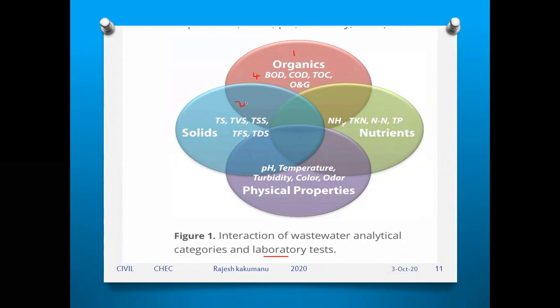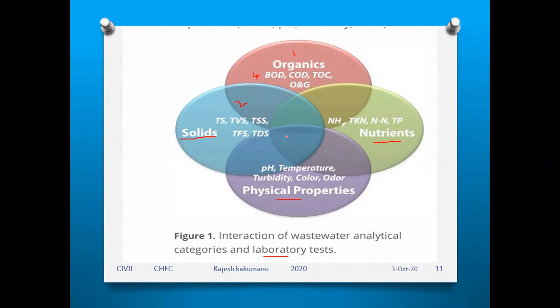Solids. Here we have total solids, total volatile solids, total suspended solids, total dissolved solids, total fixed solids. So these are under the solids category, right? Next, the nutrients: nitrogen and phosphorus. Under the physical properties, we have pH value, temperature, turbidity, color and odor.